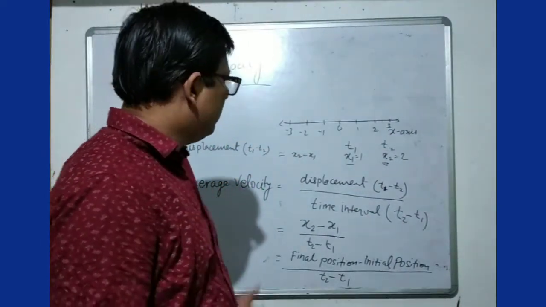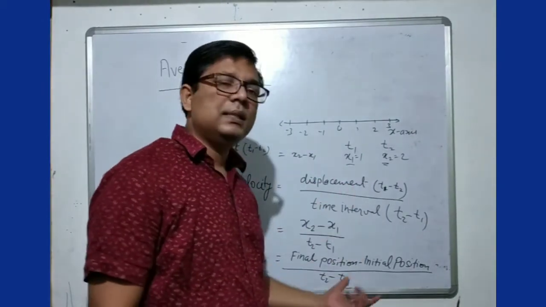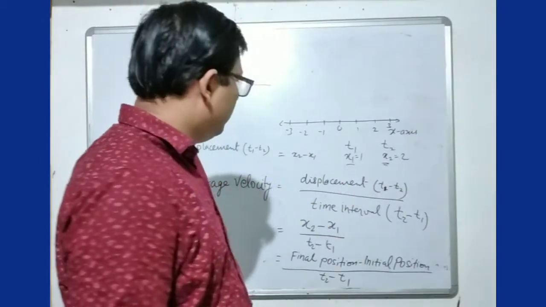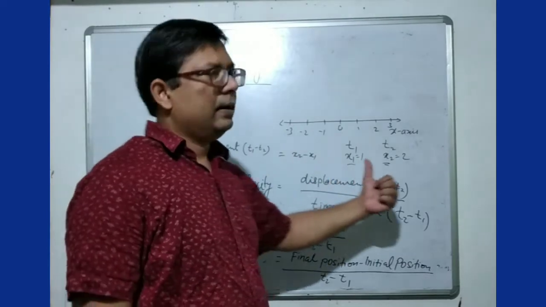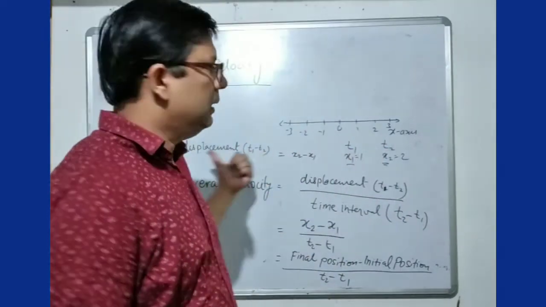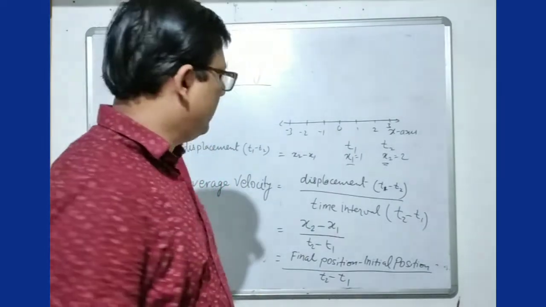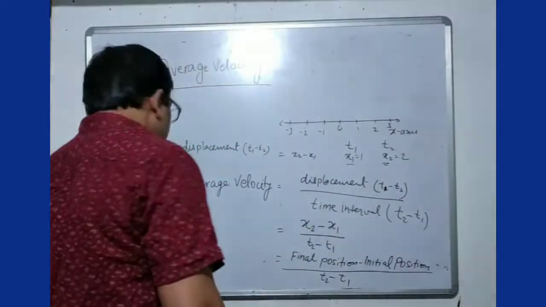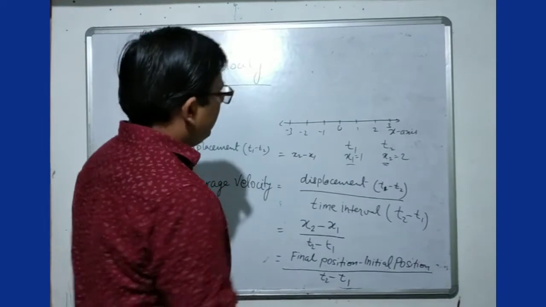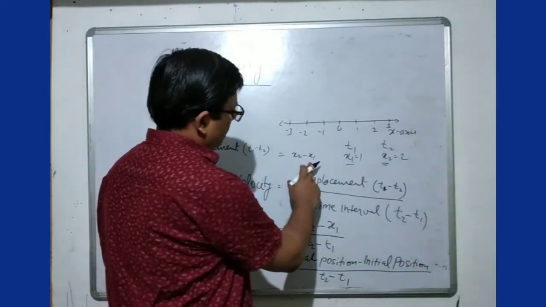And when displacement is negative, average velocity will be negative, and then we say that the object is moving in the negative x direction. See, here we have taken x2 minus x1.